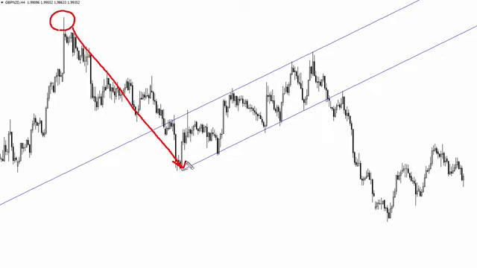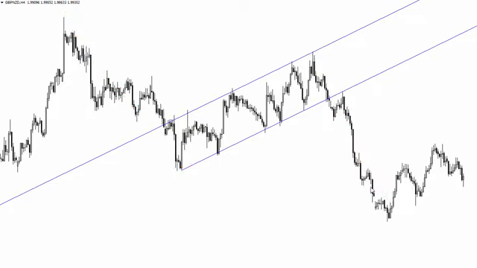So what we want to do is take the move from this swing high down to the first support area within the channel, take a measurement of that area, and then once the market had broken channel support here, we could project a future point in the market to come up with a target.